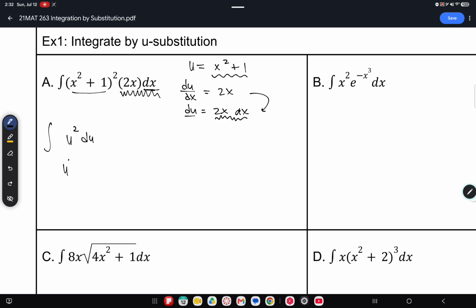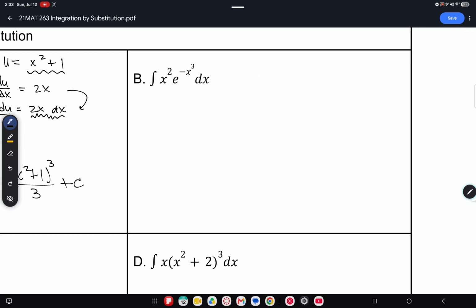I can do power rule, add 1 to the power, divide by the new power, and still have that plus c. And then I'm just going to resubstitute in the original variable. So instead of u cubed, we're going to make that x squared plus 1 cubed over 3 plus c. You can always double check yourself by doing the derivative, and you'll see you'll get back out the integral.